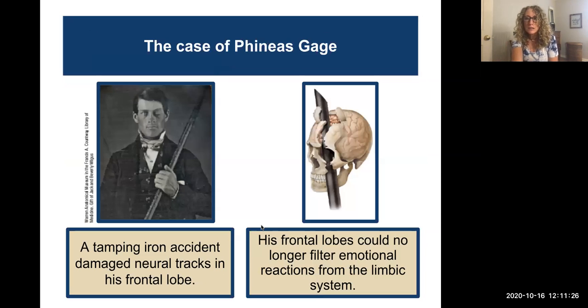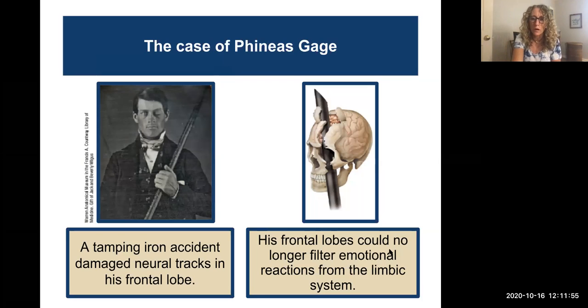All right, so you need to know this famous story of Phineas Gage. Phineas Gage was back in the 1800s. He was actually a manager on a railroad, and he was working with a tamping iron, and he was pounding it, and then I think something exploded, and it actually shot through his frontal lobe.